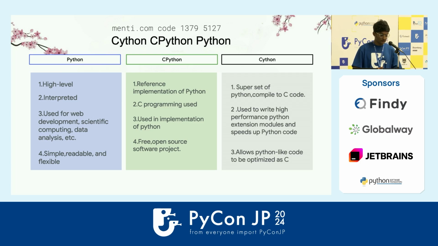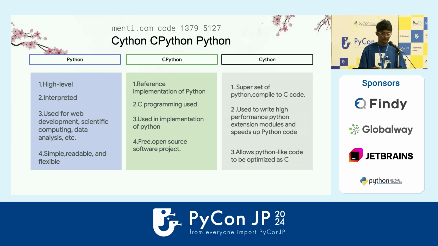But the major question is, what is Cython? What is CPython and Python? I'll start with CPython. CPython is the reference implementation of Python which we use in day-to-day life. There are different implementations as well: there is Cython, there is IronPython, and then there is PyPy. But the most common one is CPython, and whenever we say Python, we mean CPython.